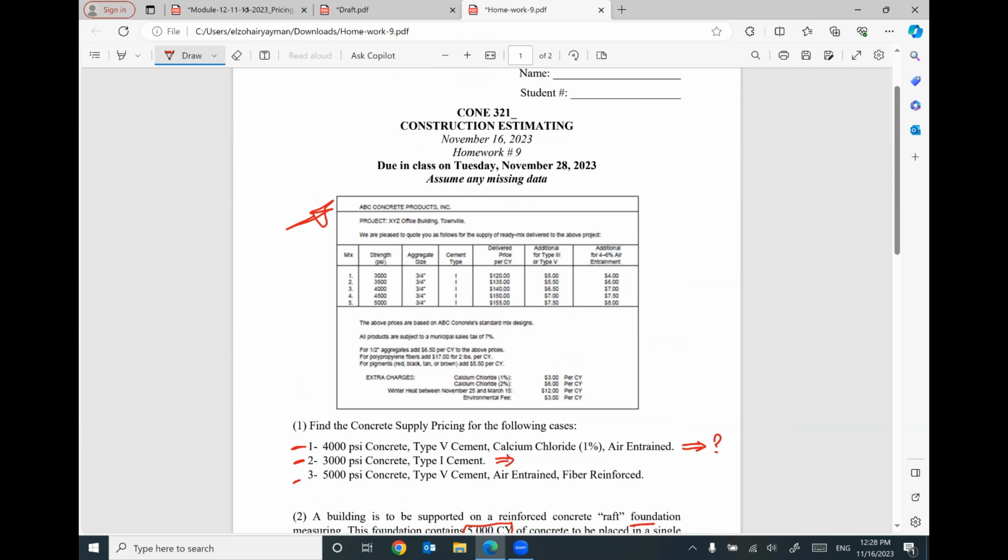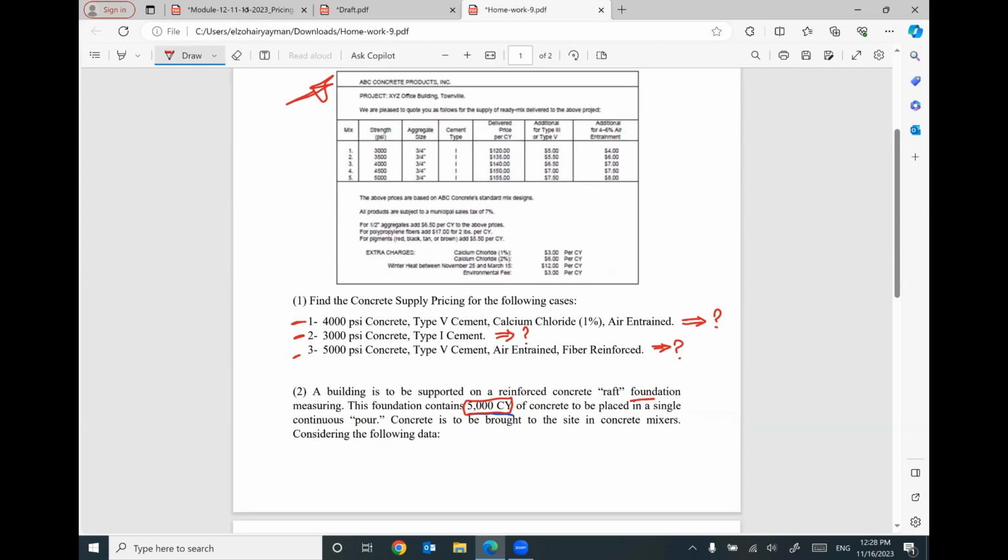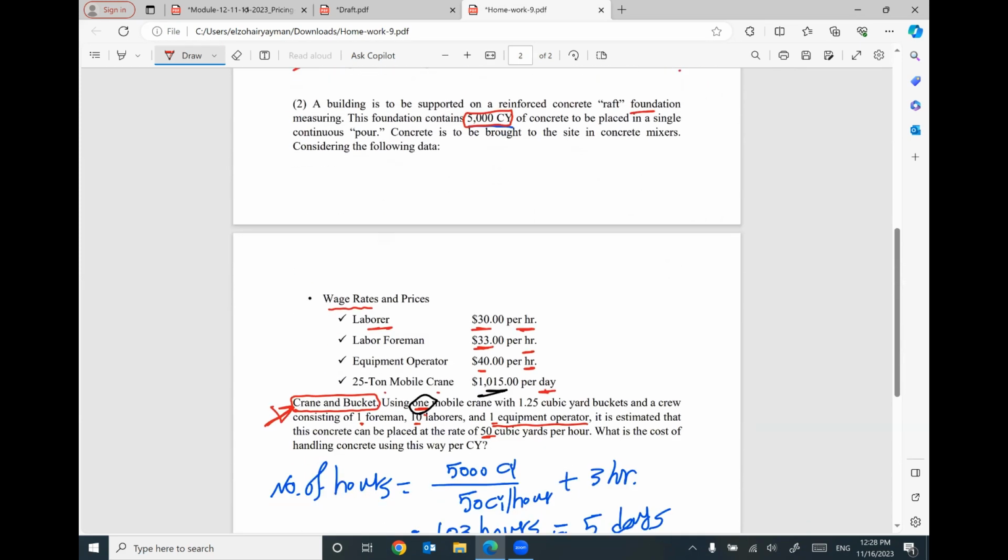Does that make sense? So based on the specifications and what you changed, we have additional cost. We have to consider them to figure out the total cost of a cubic yard of concrete. Does anybody have any question about this point? So right now you are ready to solve your homework. Question number 1 and question number 2 are already done.